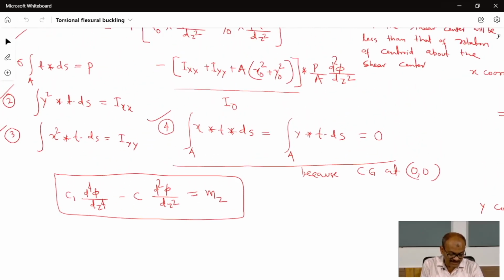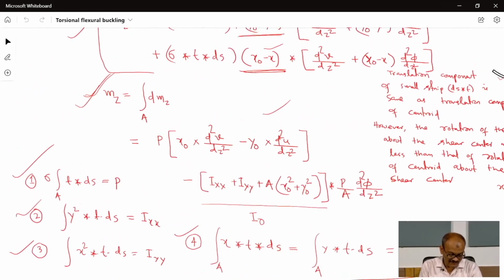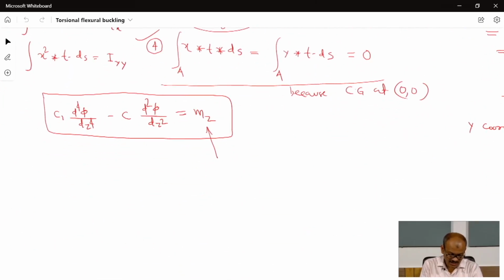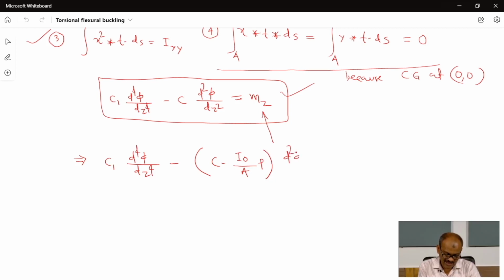So, now we have derived the expression of mz. If we substitute this expression of mz in the governing differential equation we derived earlier, that will become C1 d to the power 4 phi by dz to the power 4 minus (C minus I naught by A into P) into d square phi by dz square minus P into x naught d square V by dz square plus P into y naught d square U by dz square is equal to 0.